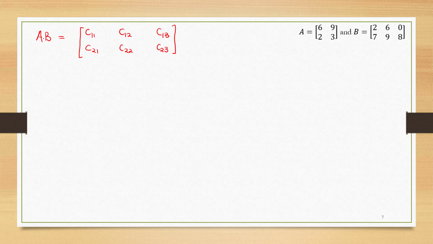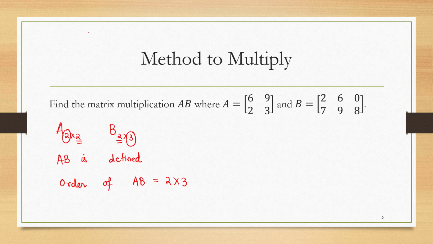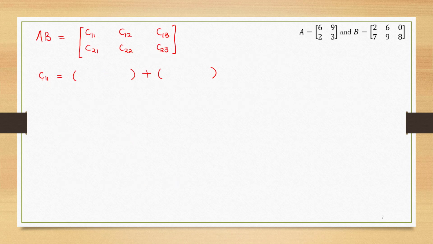Since the common number, that is the number of columns in A and the number of rows in B, is 2, first we are going to calculate C11. Put 2 brackets here. These 2 brackets correspond to this common number 2. If the common number is 3, then we will put 3 brackets.